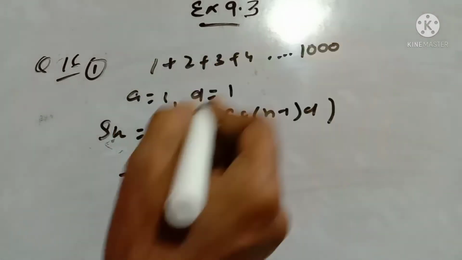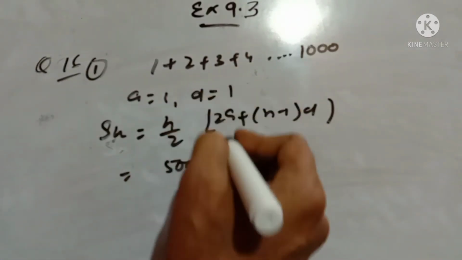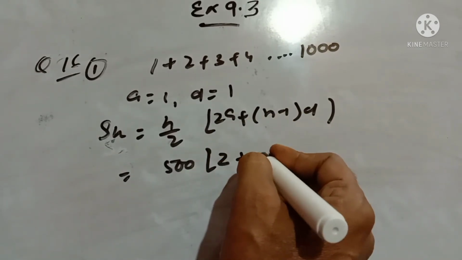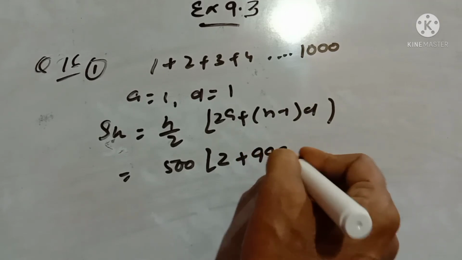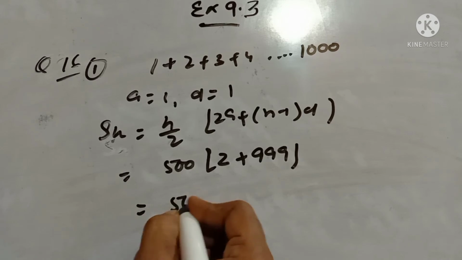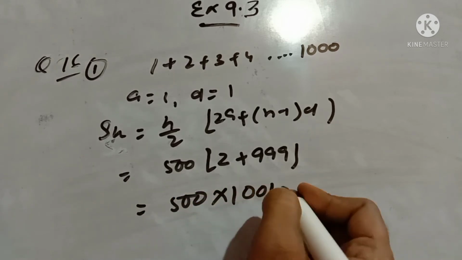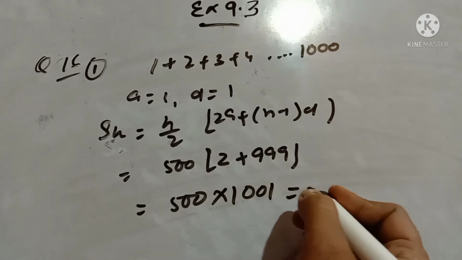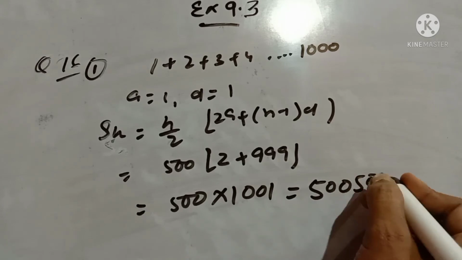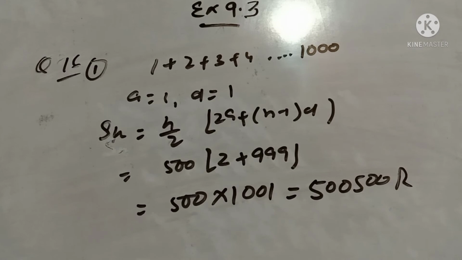So 1000 by 2, that is 500, into 2 into 1, that is 2, plus 999 into 1, that is 999. So it will come 500 into 1001. After multiplying we will get the answer.